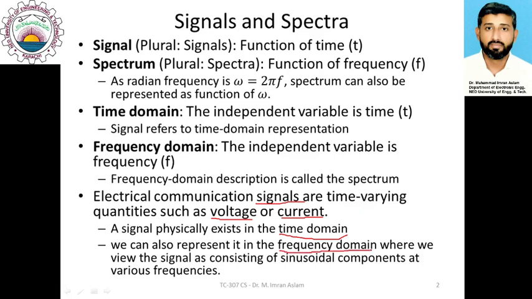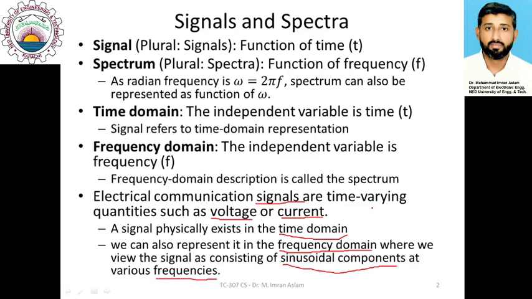We can represent the same signal in frequency domain, where the independent variable is taken as the frequency, and that signal is generally represented as a sum of sinusoids. So a signal can be considered as composed of a sum of many different sinusoids which exist at various frequencies.